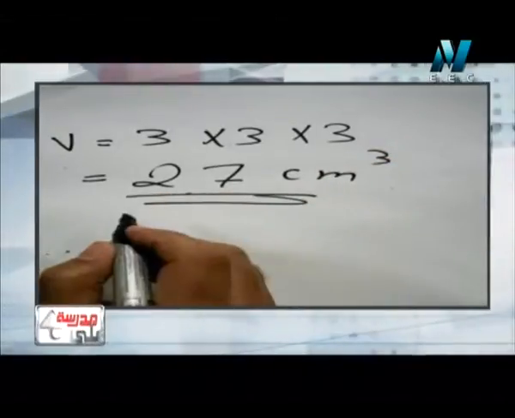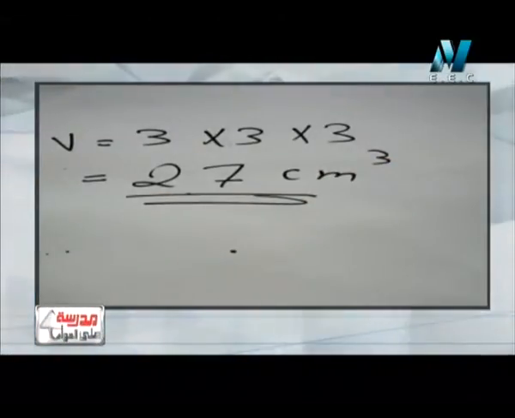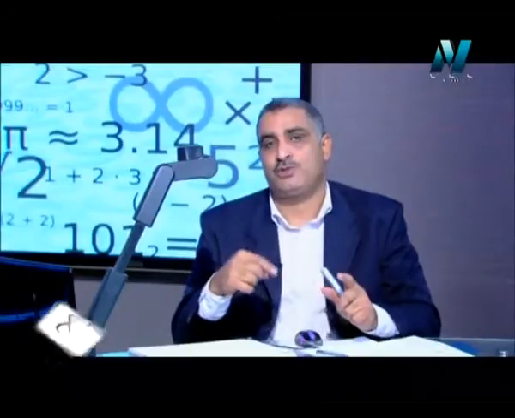It's a very important idea: how to find the volume of a cube if we have the perimeter of one face. Don't forget, the face is a square. The perimeter of a square is side by 4, so we divide the perimeter by 4 to get the side length of the square, which represents the edge length of a cube. 12 divided by 4 equals 3.